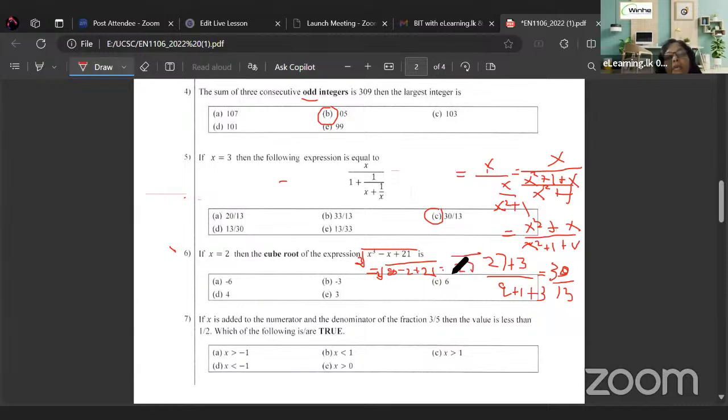How do we find the cube root? If you can write this as a cubic, the power of 3, you can write this as 3 to the power 3. Cube root means the power of 1 over 3. Then these two parts will cut off. The answer will be E.